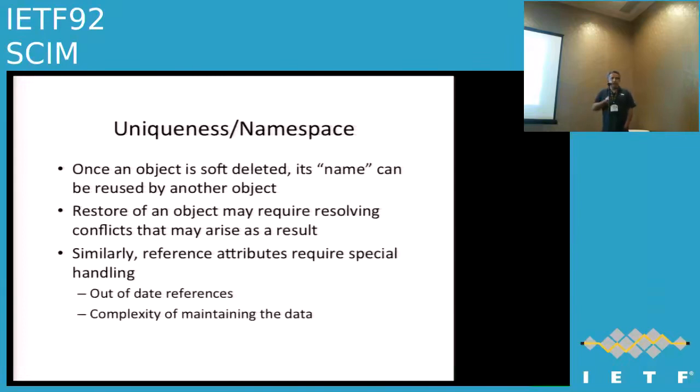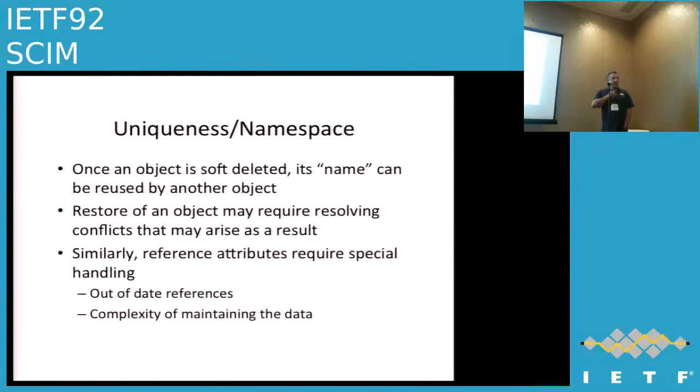You might have to deal with conflict resolution on the way back when you undelete the object. And then the second part, which really adds a lot of complexity and needs a lot of thinking, and the draft doesn't really cover this in detail, it just puts a few question marks, is how do you do things with references?